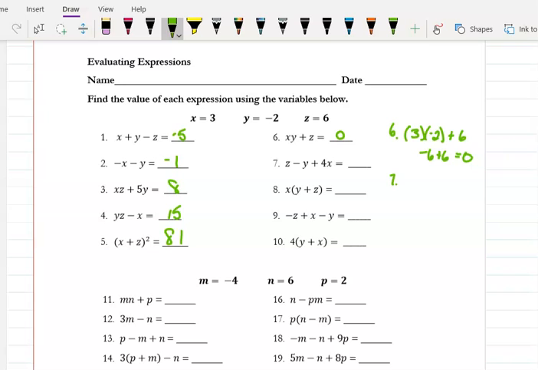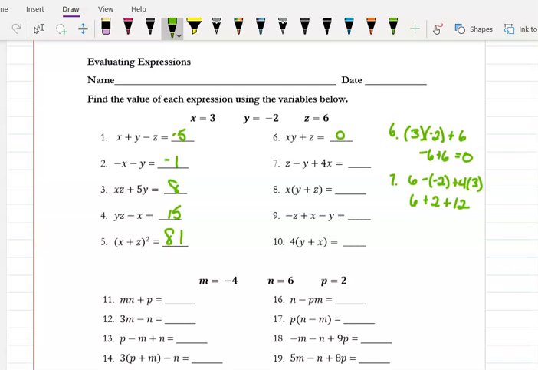And number 7, z minus y would be 6 minus -2 plus 4 times 3. So that's that double negative again. So 6 plus 2 plus 4 times 3 is 12. And then we go right to left. We go left to right.